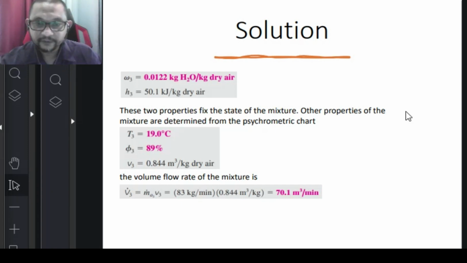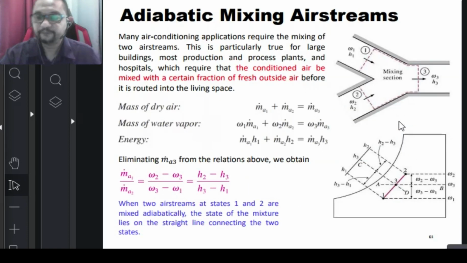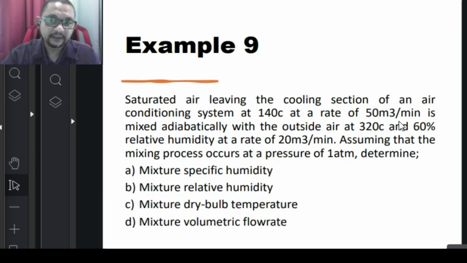On top of that, you also studied adiabatic mixing of airstreams. So that's all for today's class.